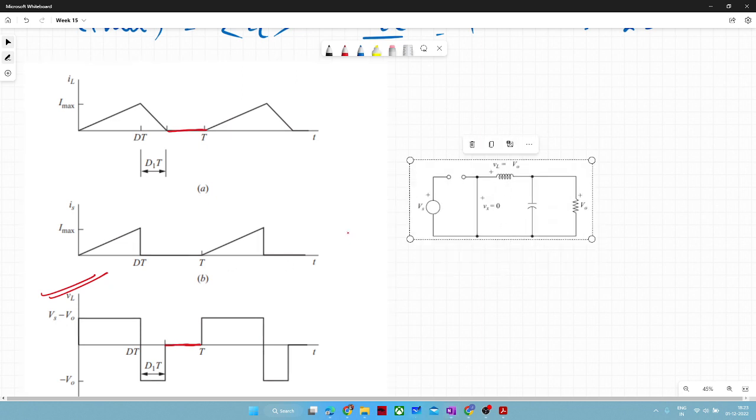See here, when this switch is disconnected, then your is is not flowing anywhere. It is getting disconnected from this inductor, hence it is zero here. So we identified two differences. One is your voltage is getting zero for some finite duration, and your inductor current is getting zero for some finite duration.